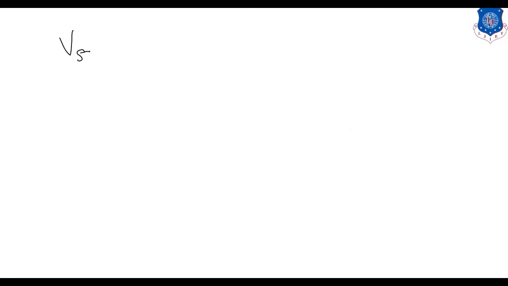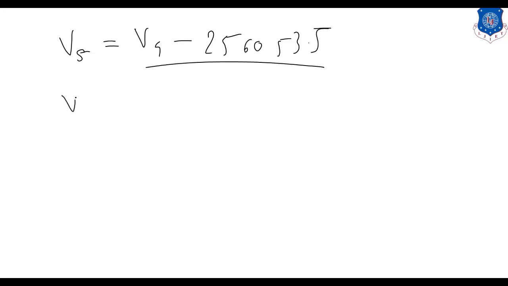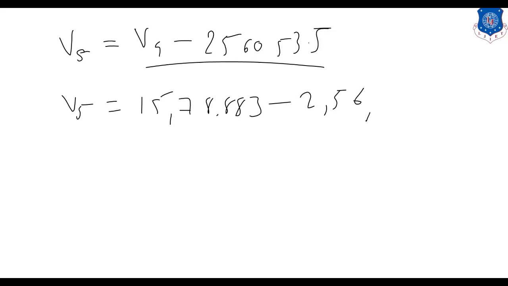The book value at the end of the 5th year is given by the book value at the 4th year minus the depreciation amount, which is 2,56,053.5, our annual depreciation for the 5th year. Calculating this, V5 is equal to 15 lakhs 78,883 minus 2 lakhs 56,053.5.